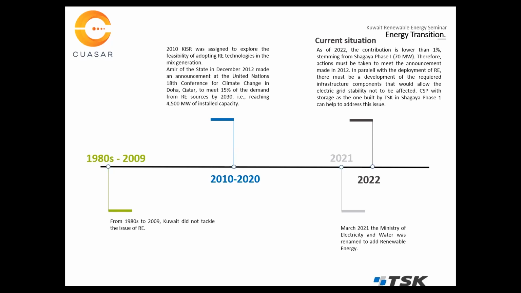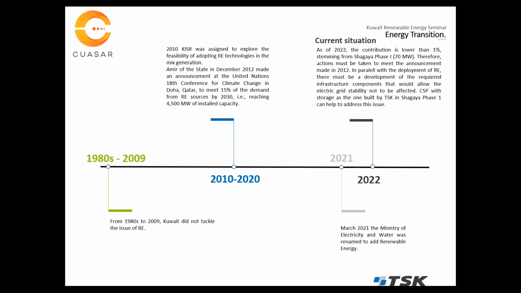Currently, the contribution of renewable energies in the country is basically limited to Shagaya Phase I, the 70 megawatts already explained. Therefore, we think immediate actions must be taken in order to meet the 15%. And we think it's very important, as has also been explained by Christoph and Jorge, that for Kuwait to succeed in the energy transition, it needs to deploy the required infrastructure components that would keep the electric grid stability from being affected.